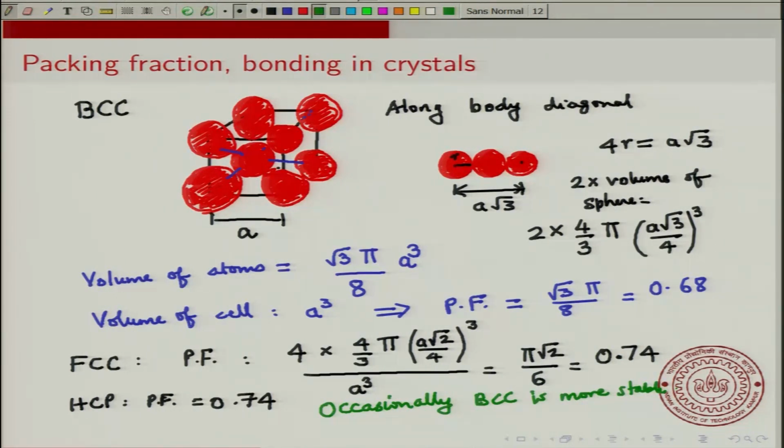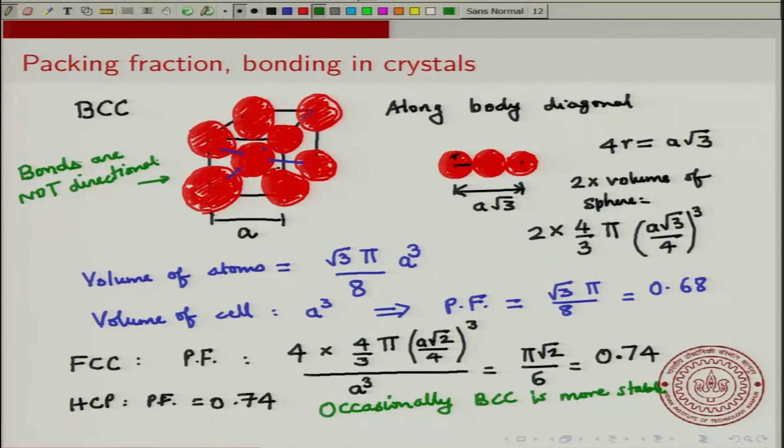In this case we have assumed that bonds are not directional, which is largely true for metals.